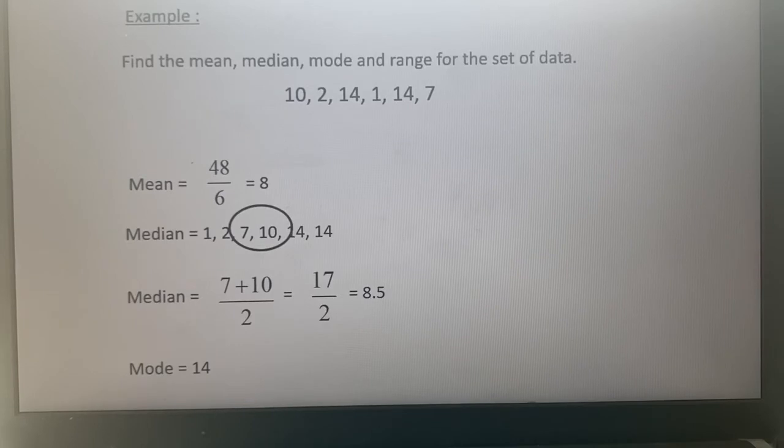And that's what you've got to bear in mind when you're looking at statistics. Just because you can work it out in one way doesn't necessarily mean that's the best measure to use. Okay, so the range for that data set as well, 14 minus 1, the largest minus the smallest, is 13.